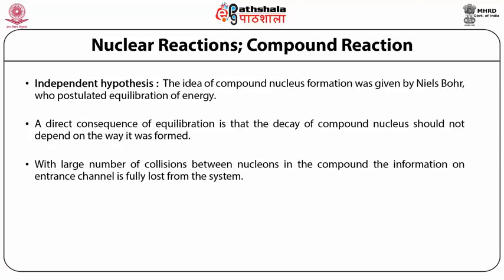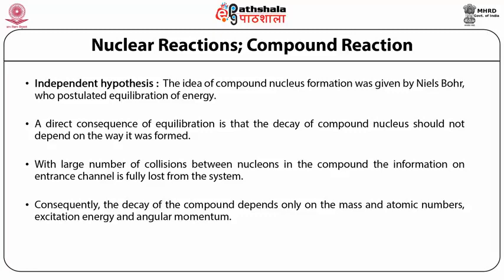Consequently, the decay of the compound nucleus depends only on the mass and atomic number, excitation energy and angular momentum. So after the formation of the compound nucleus, when it starts decaying, the outcome of the decay is primarily guided by these parameters.